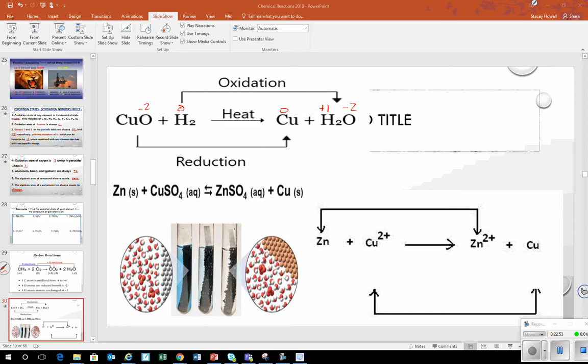Because what plus -2 equals 0? A +2, right? So if we look at it, the reduction part here was copper going from a +2 to a 0. So it reduced by gaining electrons. The hydrogen started at 0 and went to a positive because it lost an electron, therefore it's oxidized.